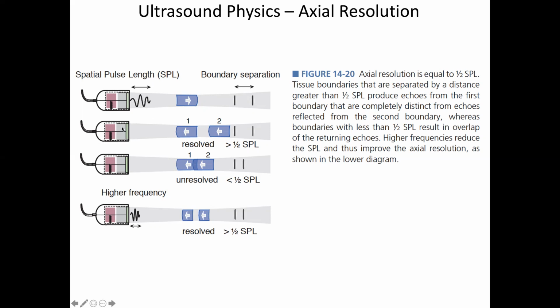So we tune this thing to look for that signal. In terms of spatial resolution in the axial or depth dimension, as these interfaces get closer and closer together, those two echoes will start to overlap, and there will be a distance at which you will not be able to see that they're two pulses. That is your fundamental axial spatial resolution.